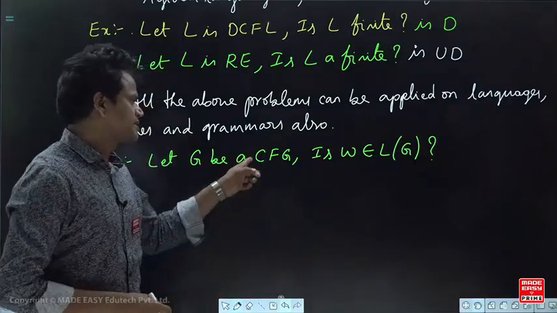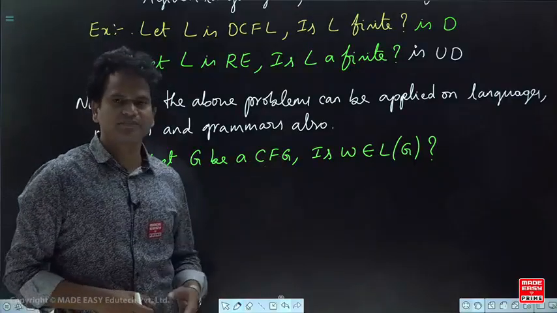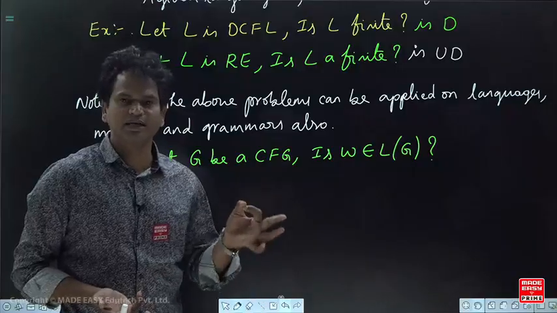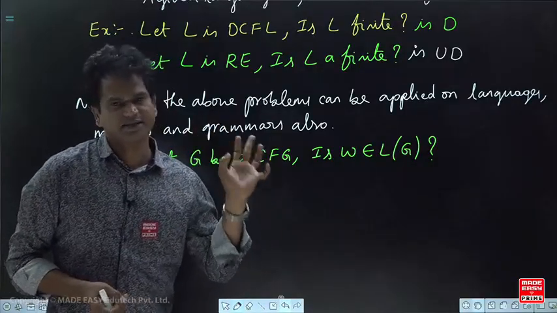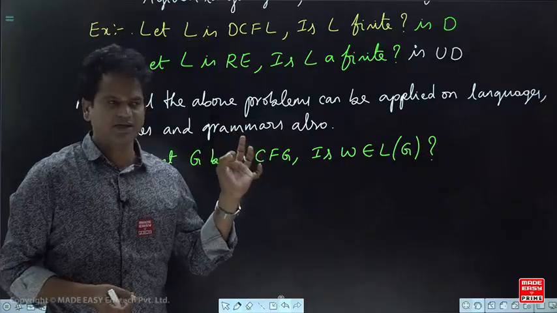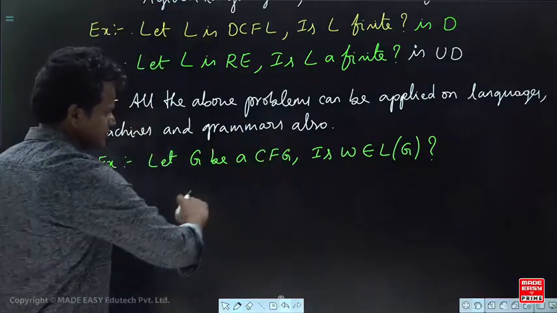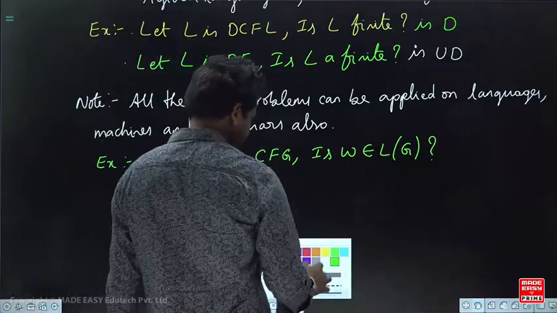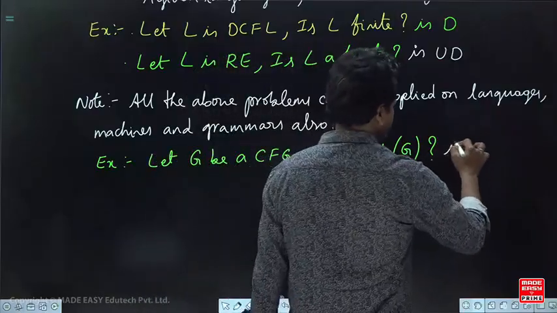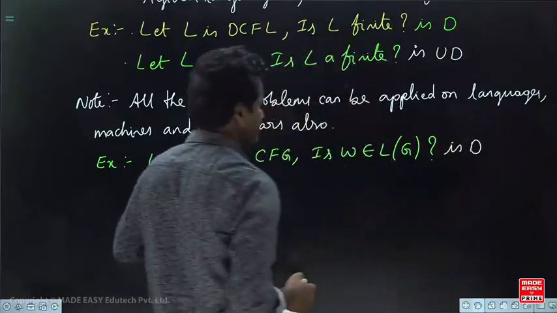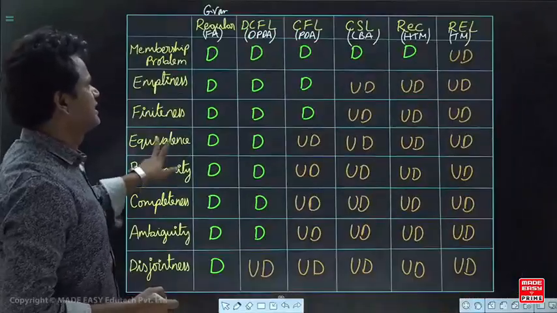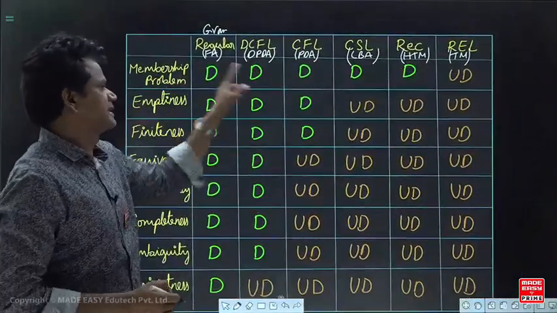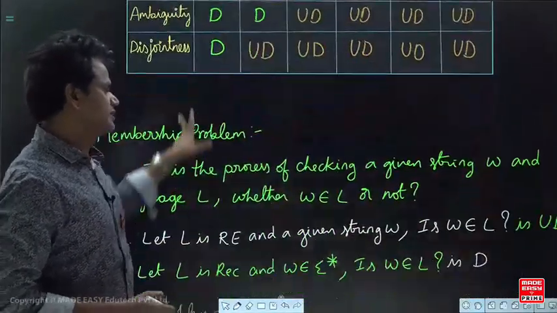Membership. Membership of a context-free grammar is decidable. Only the membership problem is undecidable in unrestricted grammar. This is decidable because context-free grammar is nothing but context-free language.